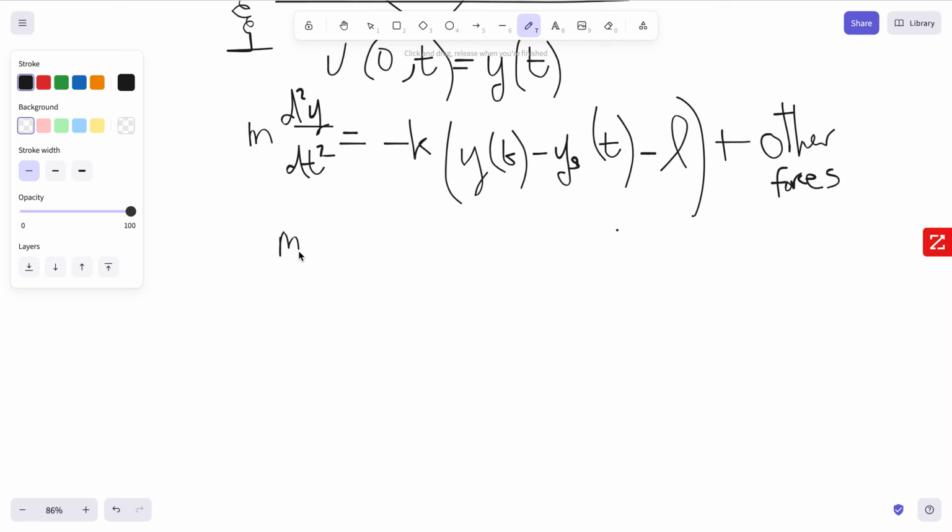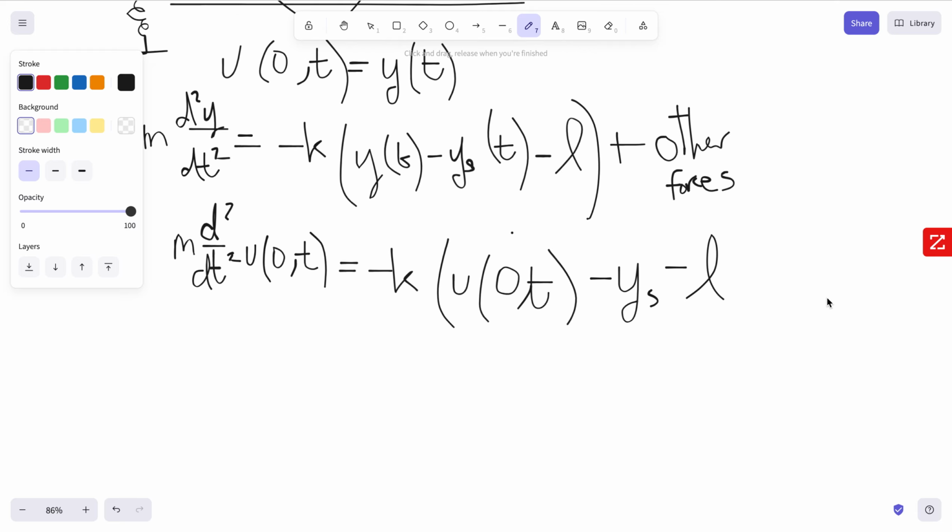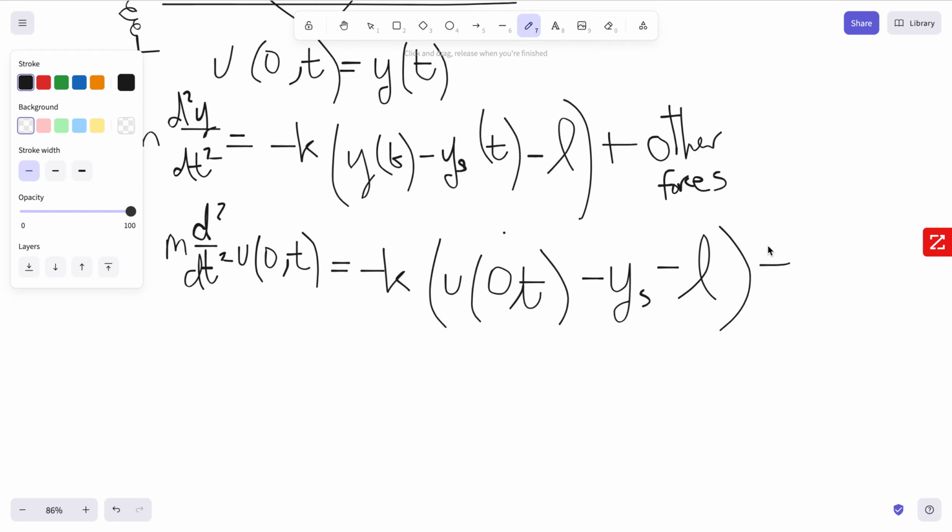And so then this ordinary differential equation can be rewritten as d²/dt² of u at 0 comma t equals minus k times u at 0 comma t minus y sub s minus L, plus T naught times ∂u/∂x of 0 comma t.